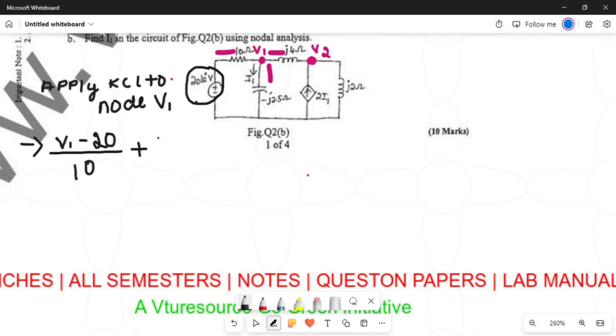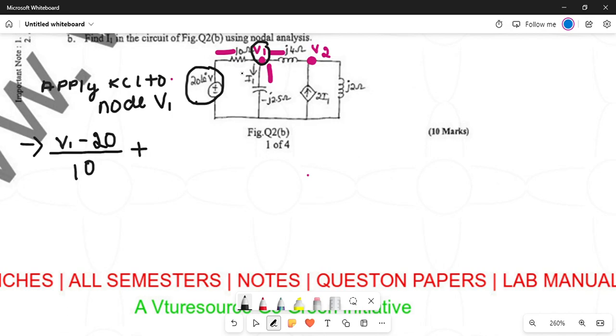So here I'll do the first one: the algebraic sum of all the currents entering and leaving the node, which I can set as 0. Okay. So this is V1, this V1 minus 20, divided by this resistance. I am showing you with the black dot.